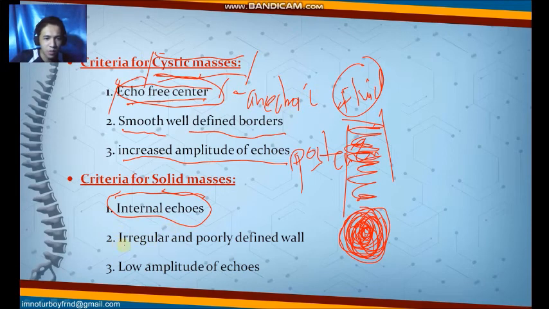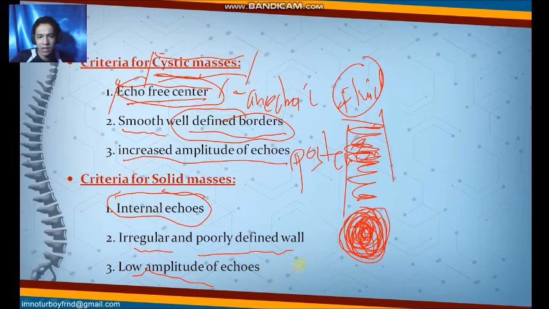Okay, and then number 2, an irregular and poorly defined wall. Compare this to well-defined borders: smooth and well-defined borders if the mass is cystic. And then number 3, low amplitude echoes, again in the posterior portion. This one is increased amplitude, right? This one is low amplitude of echo.